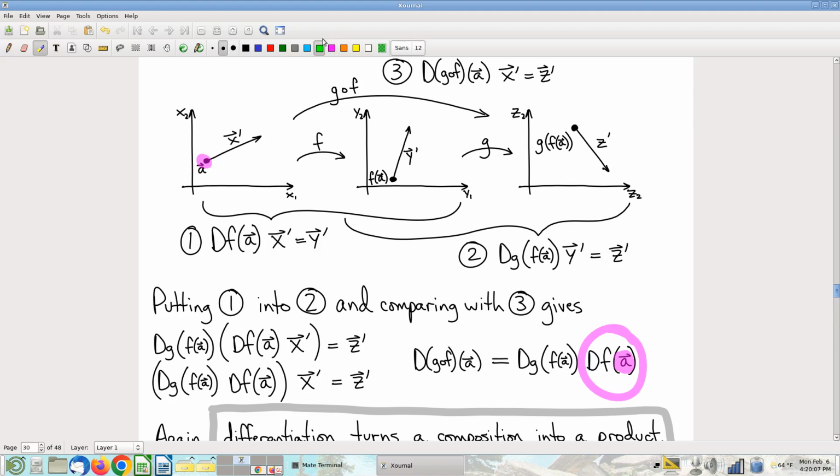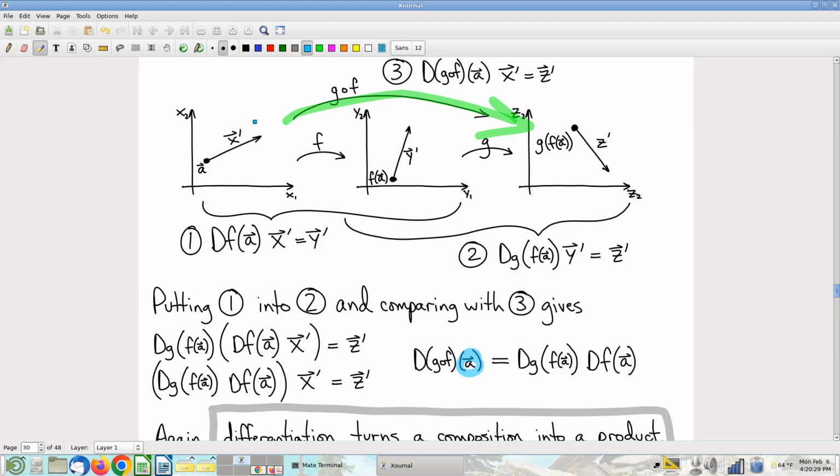That's where I am moving with velocity x prime, and I want to know what my output velocity is. So we evaluate it at A because it's acting at A. Likewise, the composition is acting at A. And so the composition is evaluated at A as well.